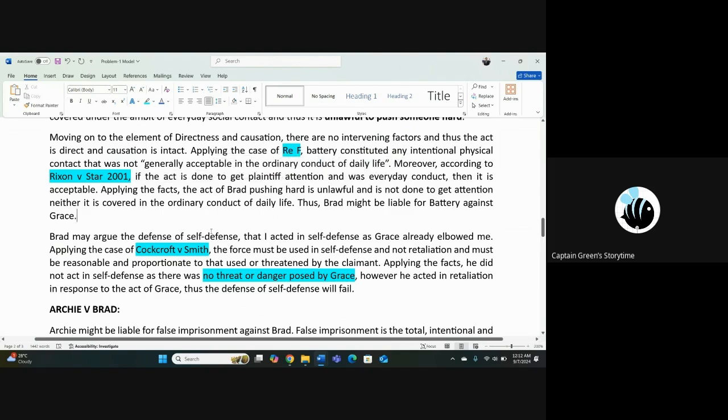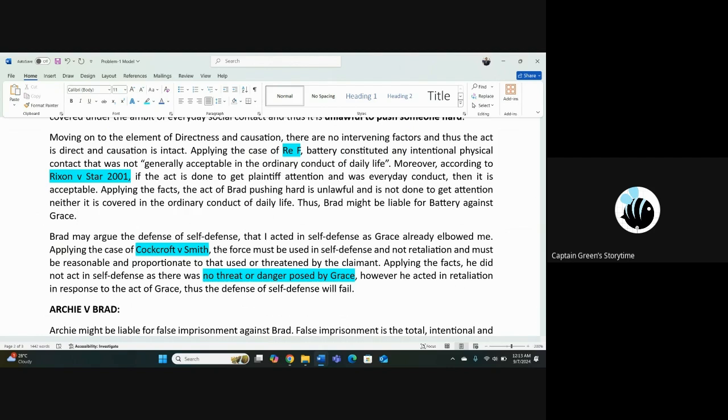Okay. Now coming towards whether any defense is applicable. As we studied, Brad might use self-defense. However, Brad might say that she already elbowed me, and thus I used self-defense in pushing her hard. However, applying the case of Cockcroft v Smith, the force must be used in self-defense and not retaliation, and must be reasonable and proportionate to the threat by the claimant.